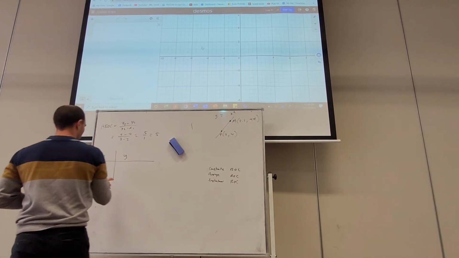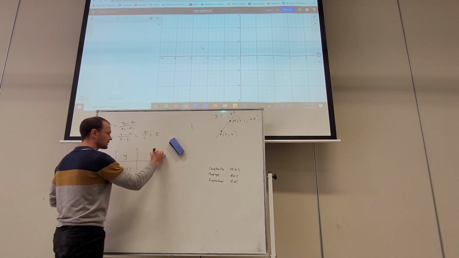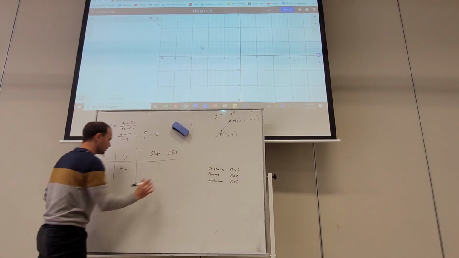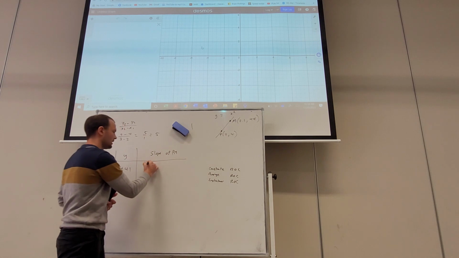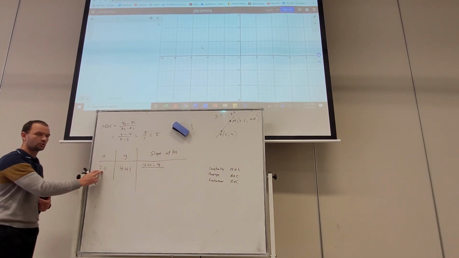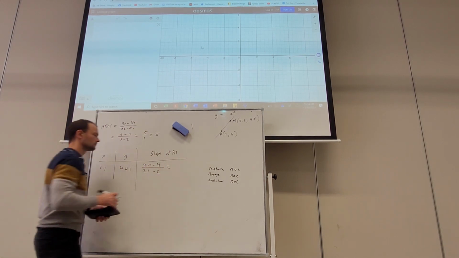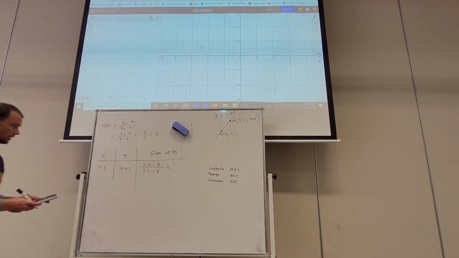Okay, so let's go to our table here. We've got x is 2.1, y is 4.41, and so then the slope of chord PM will be y2 take y1, 4.41 take 4, divided by x2 take x1. So what have we got? 0.41 divided by 0.1.